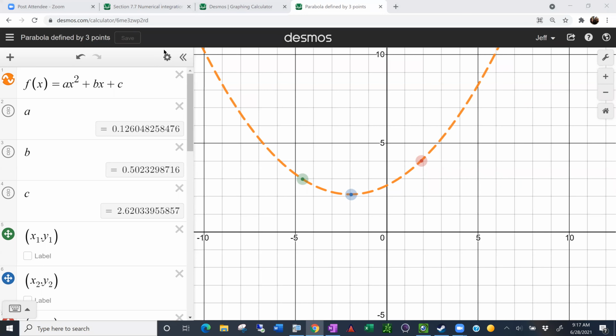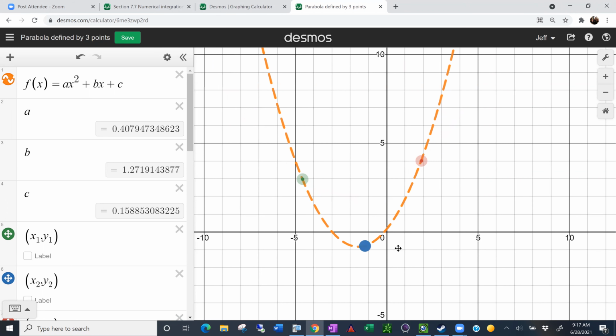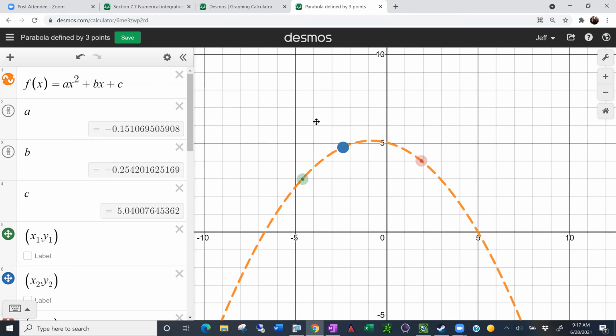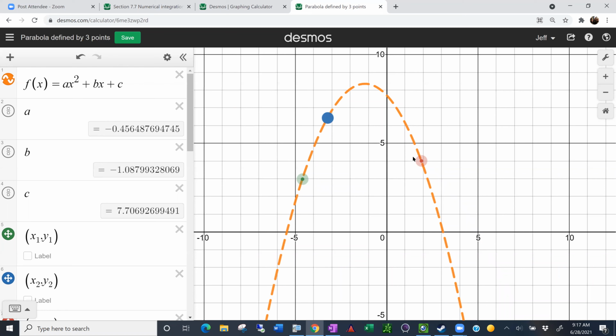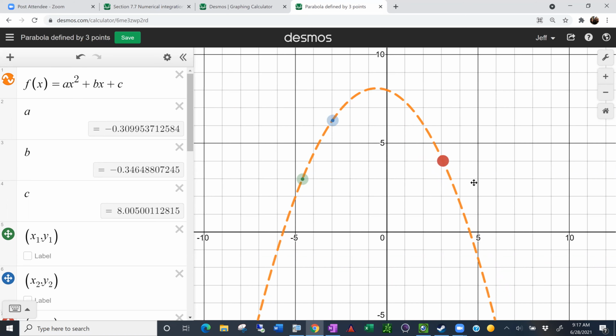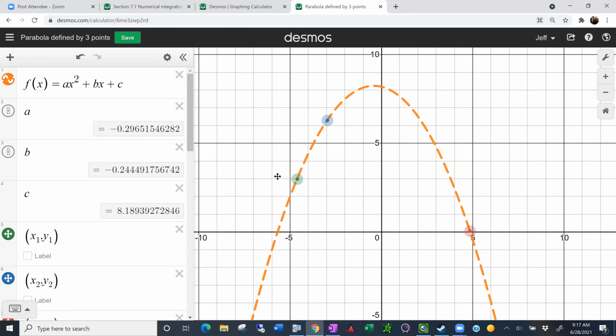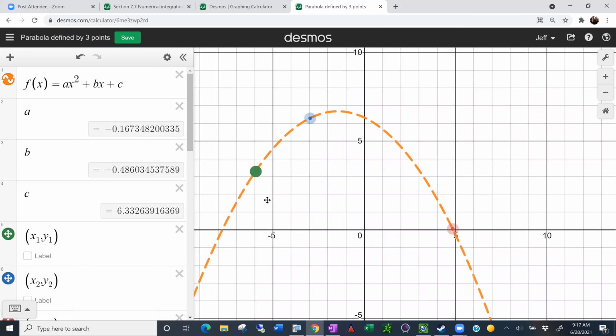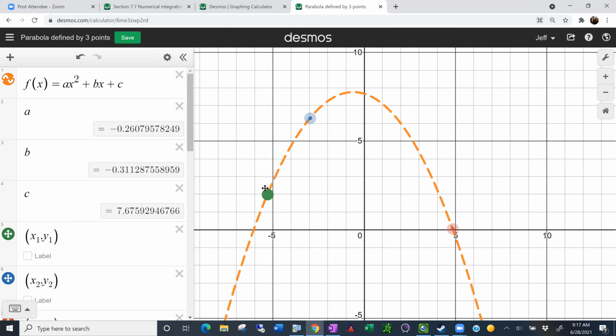No matter what you draw, 3 points will determine a parabola. So I can move this point anywhere I want, and wow, there's still always a parabola that fits through it. Or if I move this point, and so on. No matter what, I can move these things around, and there's always going to be a parabola that fits through those 3 points.